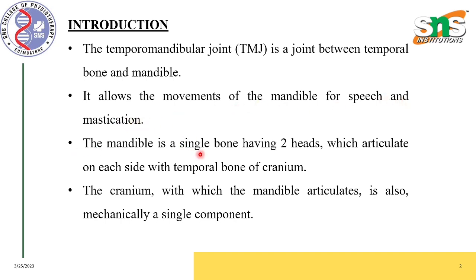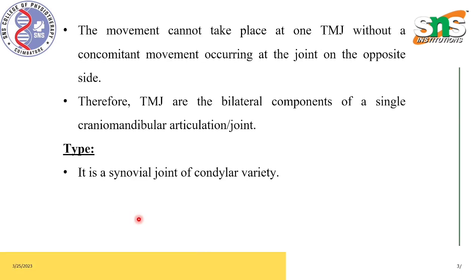The mandible is a single bone having two heads which articulate on each side with the temporal bone of the cranium. The cranium with which the mandible articulates is also mechanically a single component. The movement cannot take place at one temporomandibular joint without a concomitant movement occurring at the joint on the opposite side.